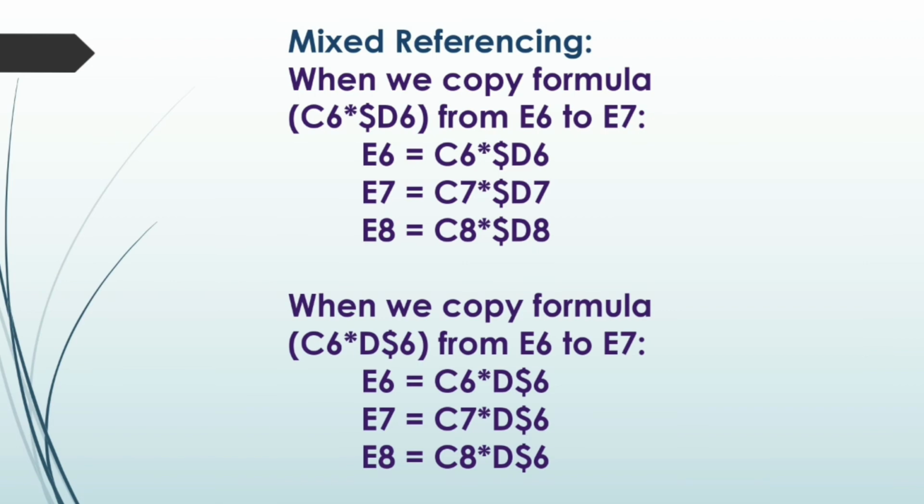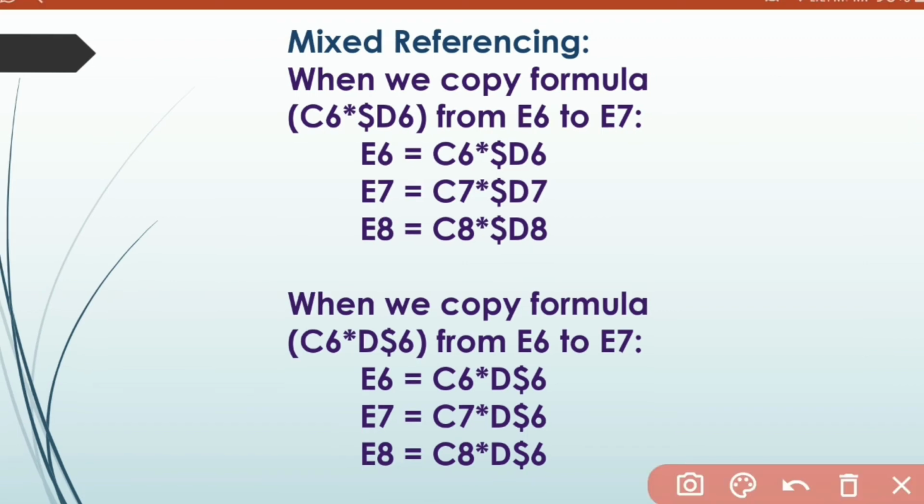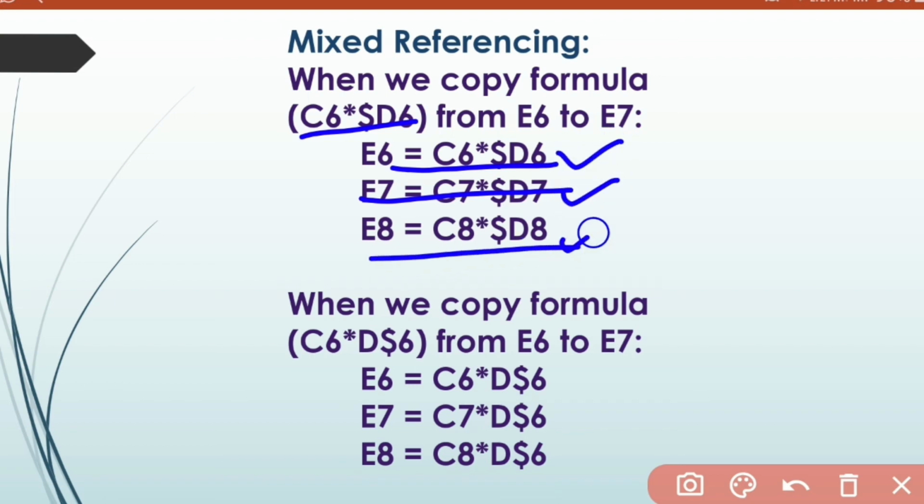Here you can see in the formula E6 = C6 * $D6, the dollar is placed before the column name, that is D. So this column would remain stationary and the row number would change. You can see here in E6 it is $D6. In E7 it is $D7. In E8 it is $D8. So these row numbers are changing as we are changing the rows.